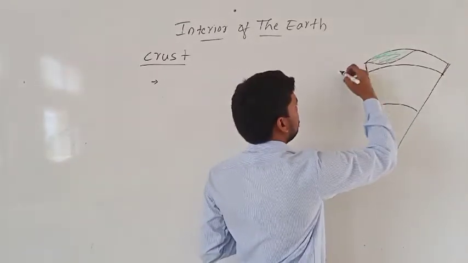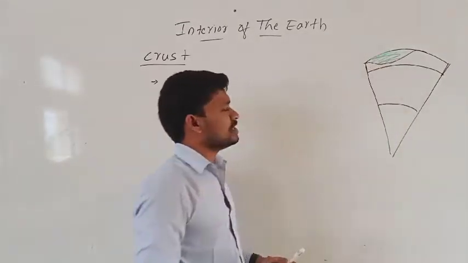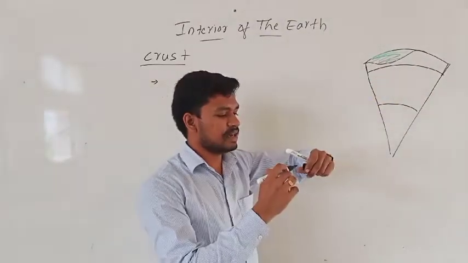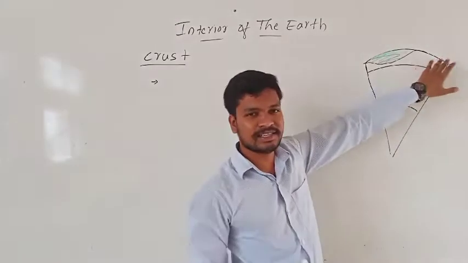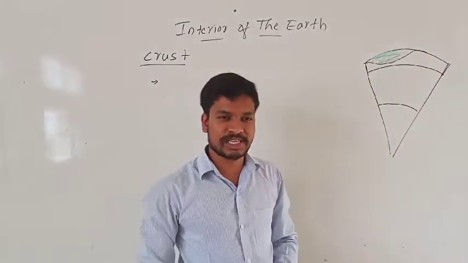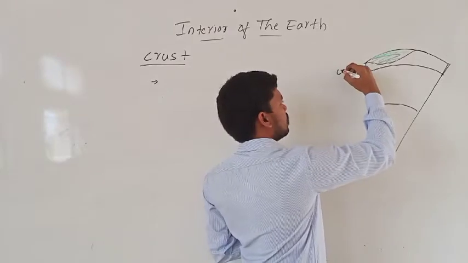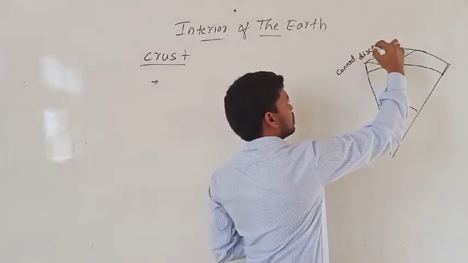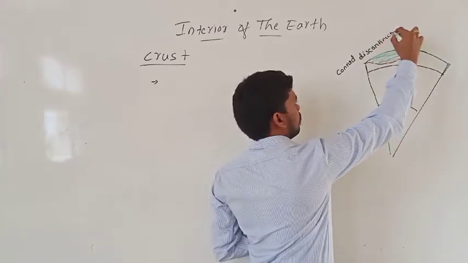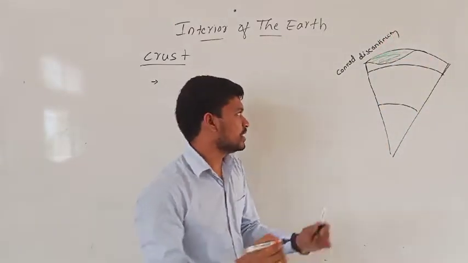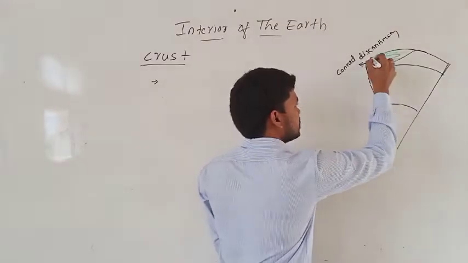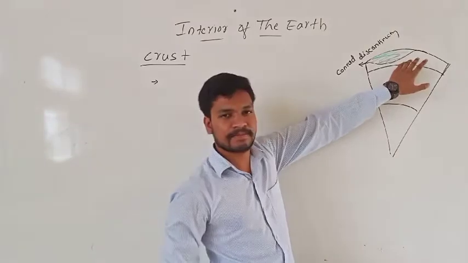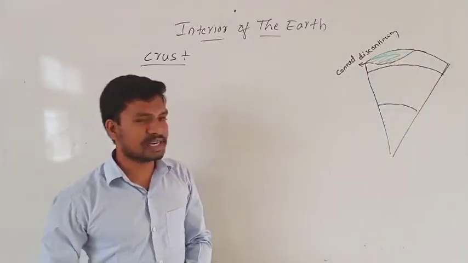There are two discontinuities: Mohr discontinuity and Conrad discontinuity. The discontinuity which divides oceanic crust and the continental crust is called Conrad discontinuity.